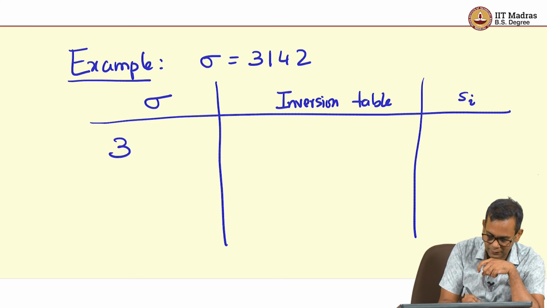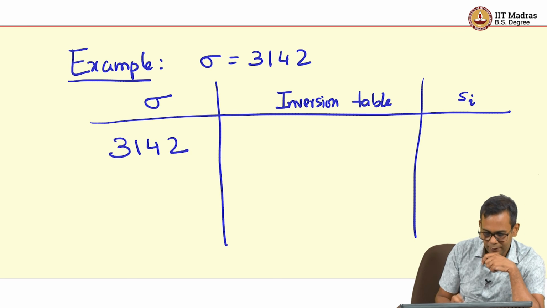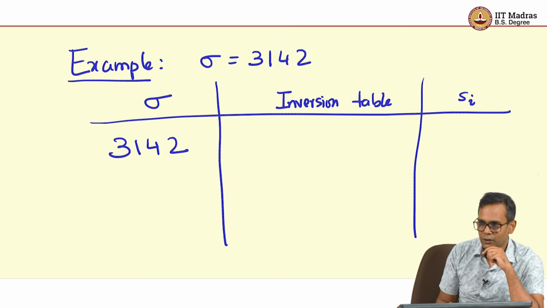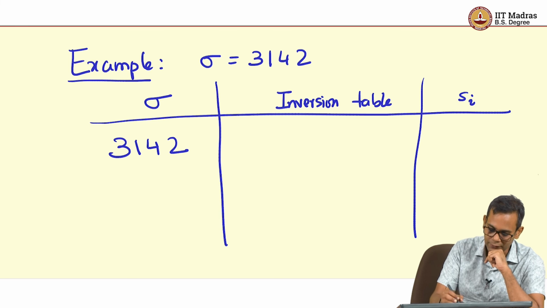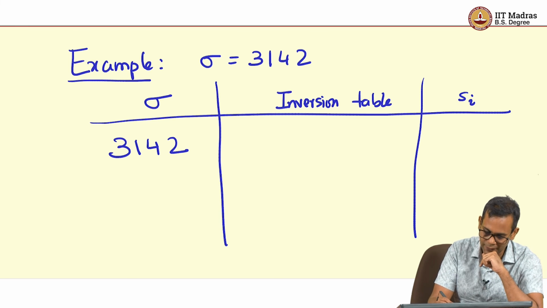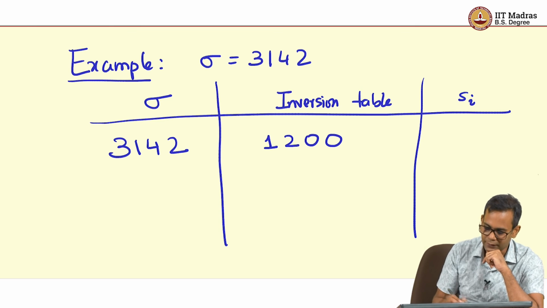So, we start with 3 1 4 2 and let me just look for a descent. At each stage I will look for the first descent. So, 3 1 is a descent. Oh, let me write down the inversion table. So, the inversion table here, 1 has one thing to the left, 2 has 2, 3 has 0, 4 has 0. Okay.